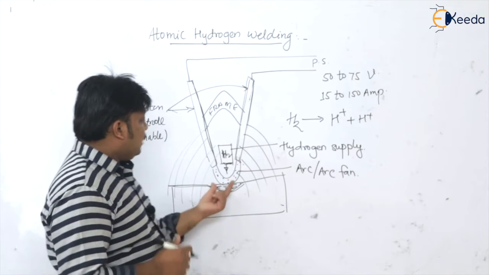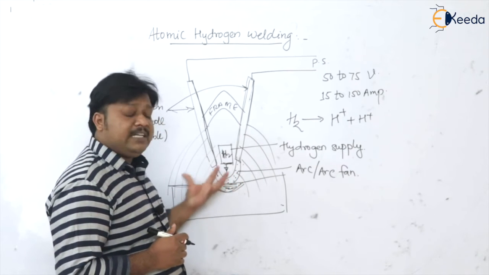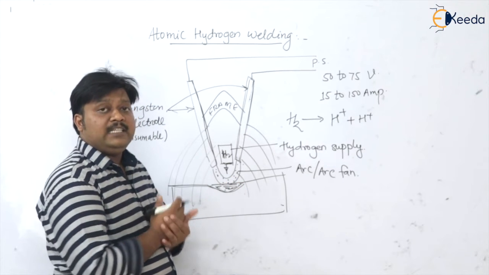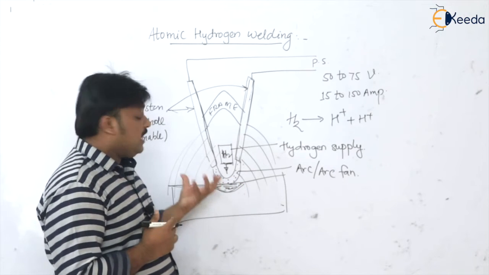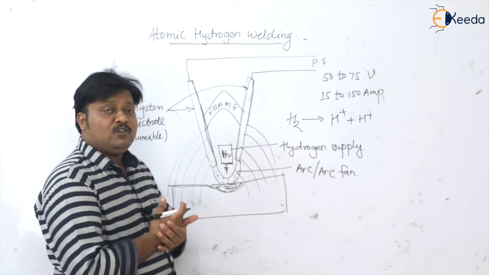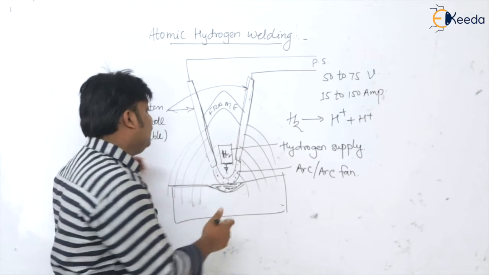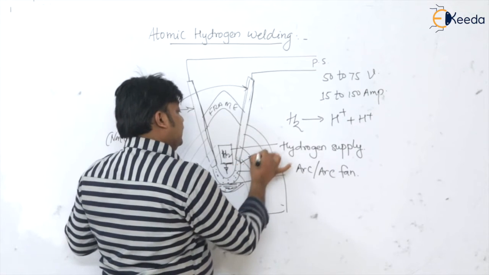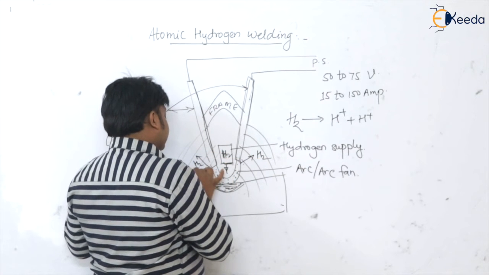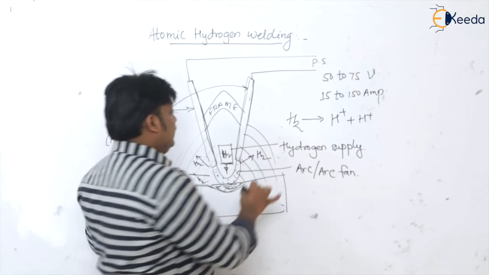Now this atomic hydrogen is a highly unstable gas. Yes or no? So what will happen? It tries to either combine with oxygen or convert again into molecular hydrogen, and when combining it produces intense heat.